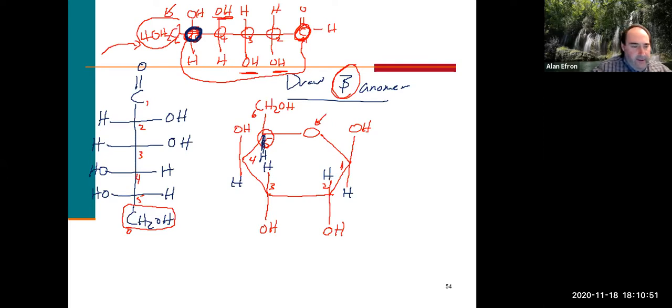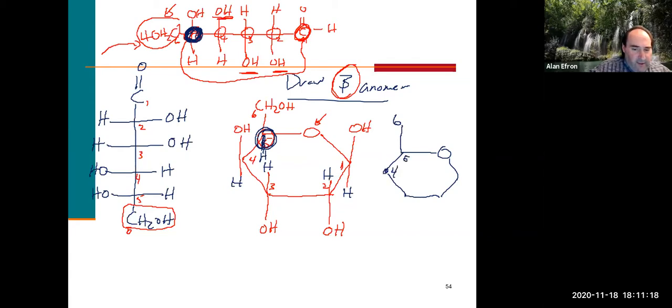We try. Why don't we? Where's the 5th carbon? The 5th carbon's right here in the ring, and the 5th carbon obviously is this blue guy up here. So when you draw that ring coming down this way, since carbon number 6 is up here with that line coming down, that line ends at carbon number 5.